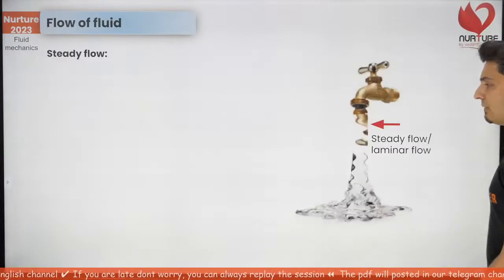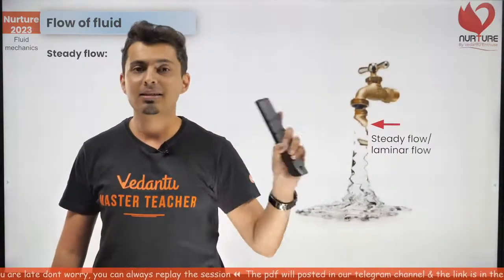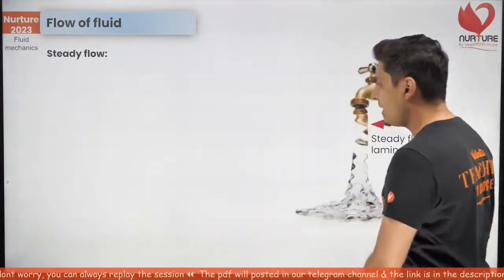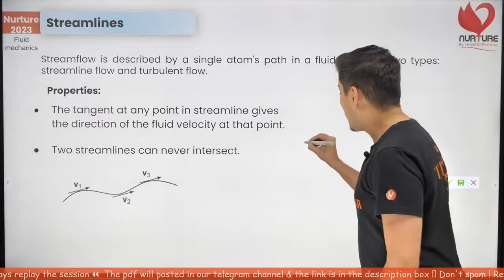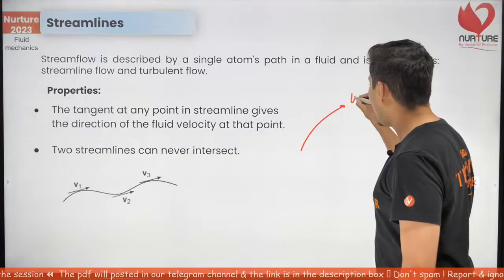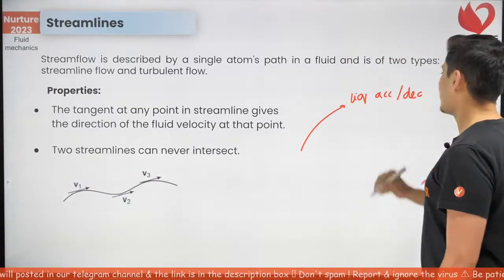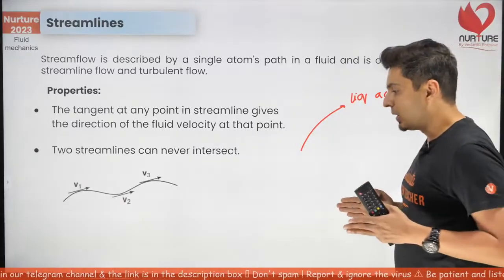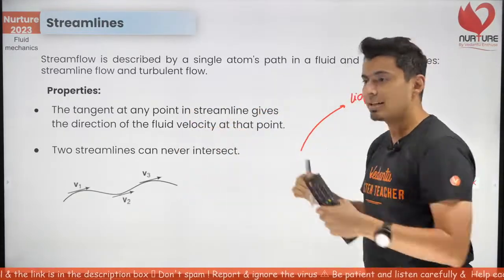Talking about the velocities, whether they are equal or not equal, the answer is they are not equal, and the reason is that the liquid might accelerate or even decelerate. It's possible. You are going and suddenly the flow speed increases and suddenly the flow speed decreases.